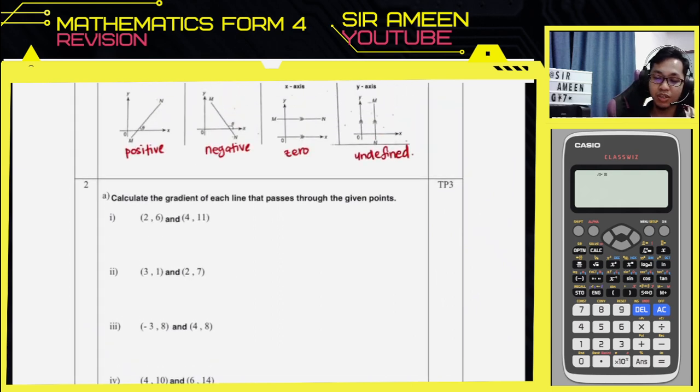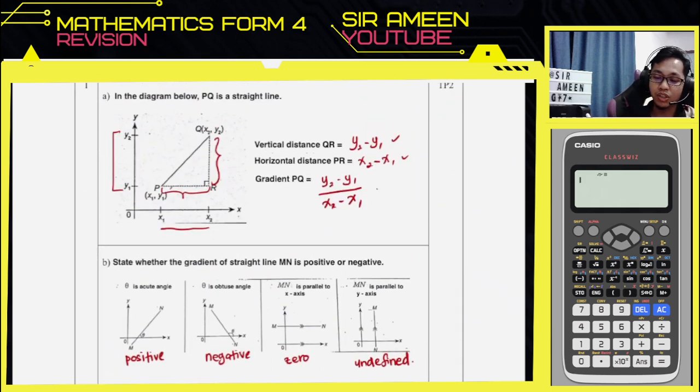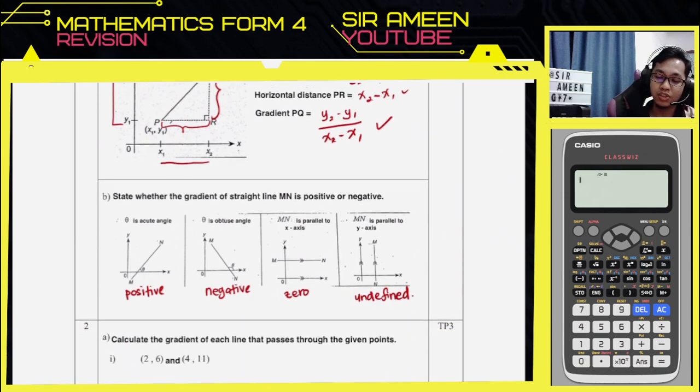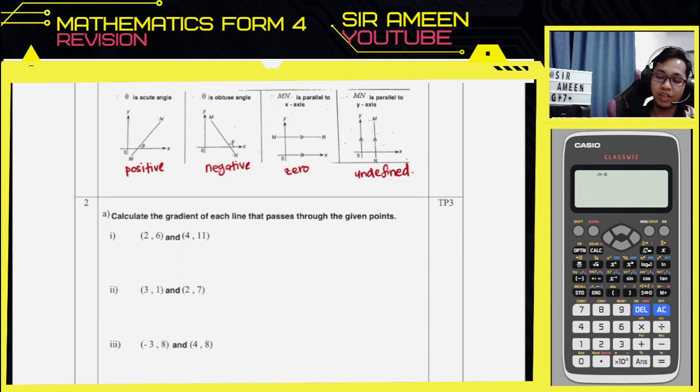Just now we have the formula for the gradient of a straight line. So we just use this formula to find the gradient of the line that passes through the given points. We need to know which one is x1, y1 and which is x2, y2.